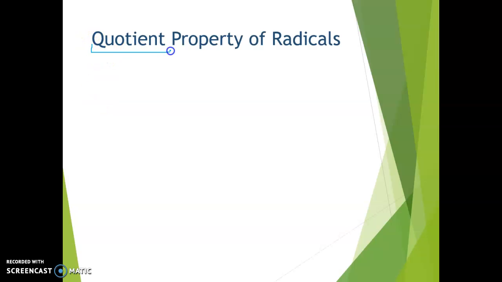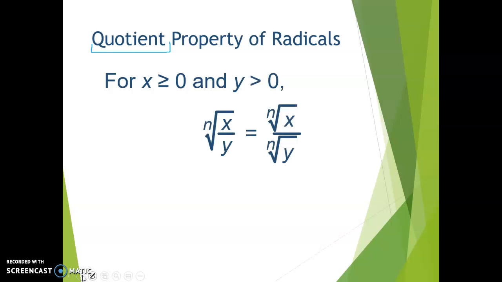That's going to lead us to the quotient property of radicals. Quotient meaning division, and that's what we're working on today. The quotient property of radicals says that for x is greater than or equal to 0 and y is greater than 0, we have a fraction as our radicand. What we can do is separate that fraction into two radicals.